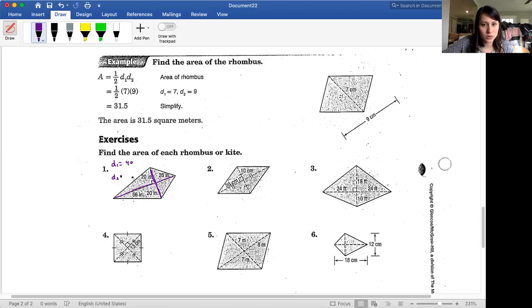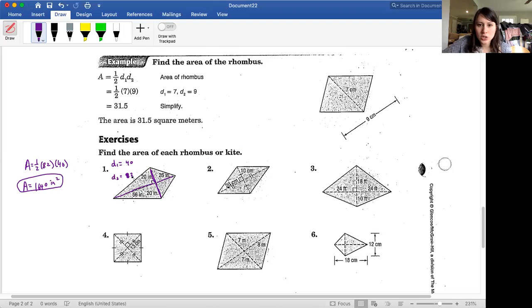The second diagonal is 82. So when we plug this in, we have the area equals 1/2 times 82 times 40. We multiply them all, and the area equals 1,640 inches squared. And we don't have to find the perimeter, thankfully.